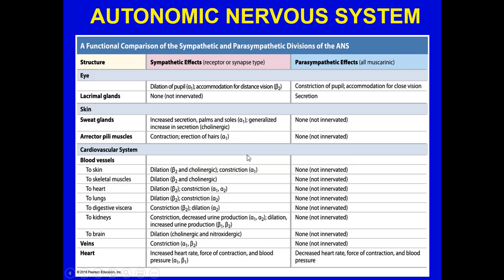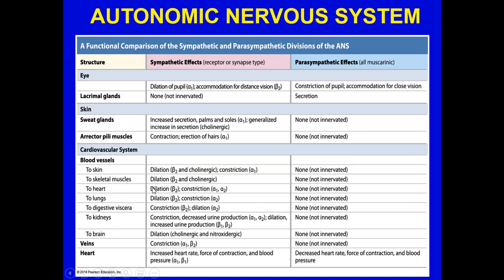If you look at the blood vessels in the cardiovascular system, just for example, you have dual innervation only at the heart. In the veins, nope. In the blood vessels to brain, kidney, digestive viscera, lungs, heart, skeletal muscle, skin, nope. You do have sympathetic innervation to skin, skeletal muscles, heart, lungs, digestive viscera, kidneys, and brain.